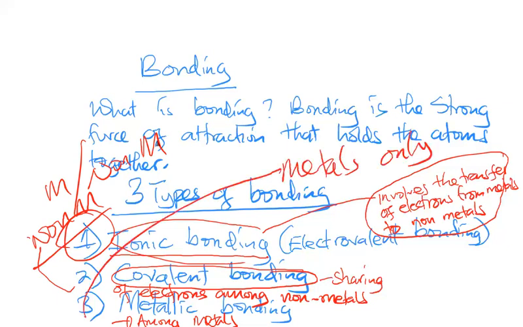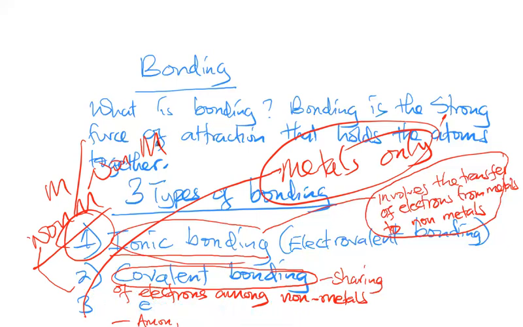You must know the three types of bonding. Let us look at each one of them. We'll start with ionic bonding.